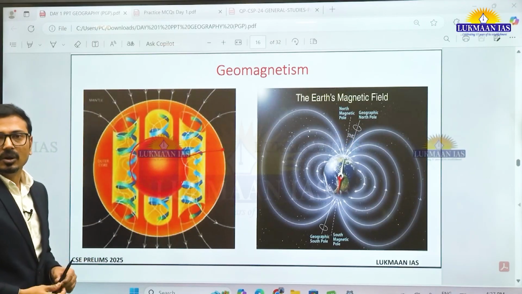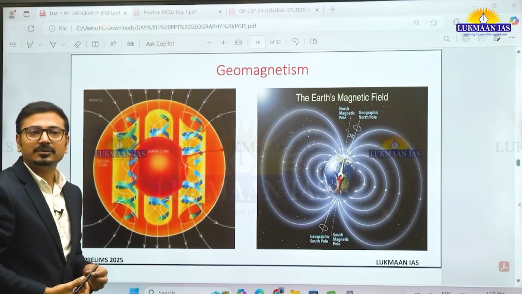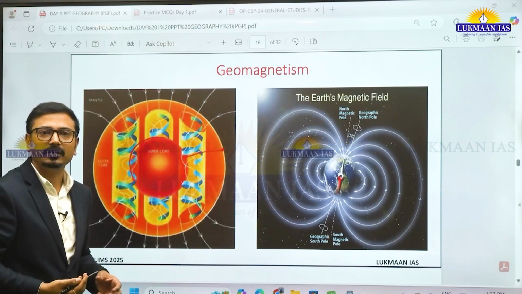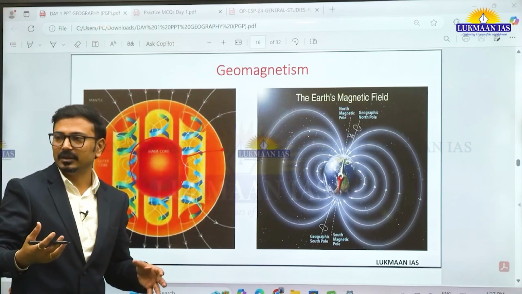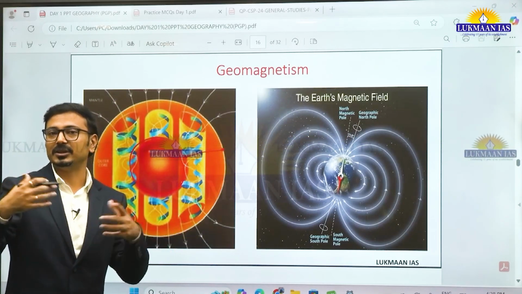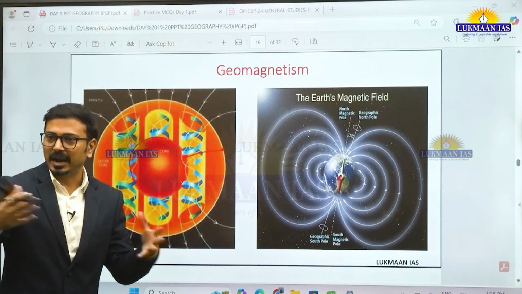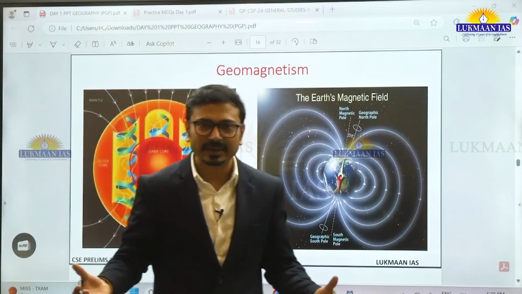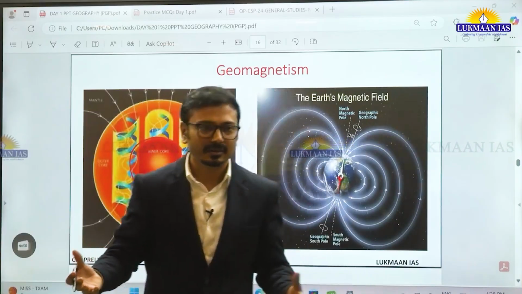Now, all these iron particles are independently forming magnetic fields, so how does it form a larger magnetic field of the Earth, and that too in a single direction? It should be random and they should neutralize each other. Ideally, it should neutralize each other.